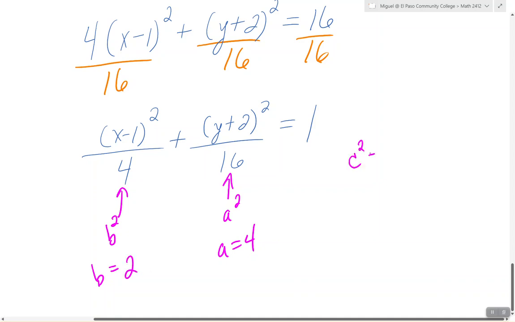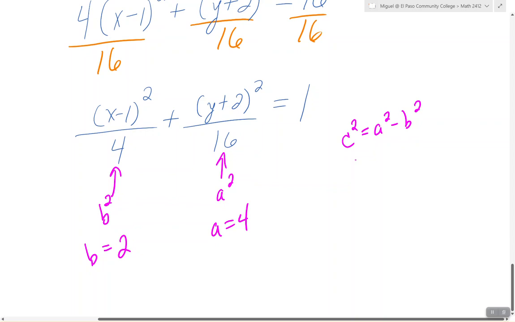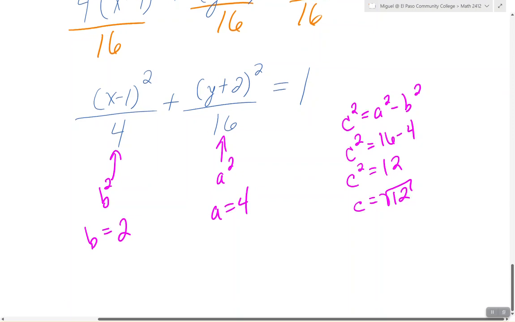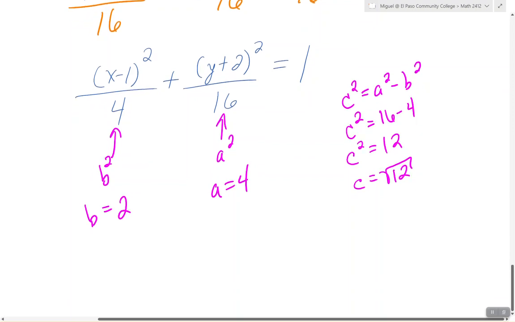We will find c since they do want the foci. So c squared equals a squared minus b squared. C squared is equal to 16 minus 4. C squared is equal to 12. So c is the square root of 12. So we have a, b, and c there. What's our center of the ellipse?